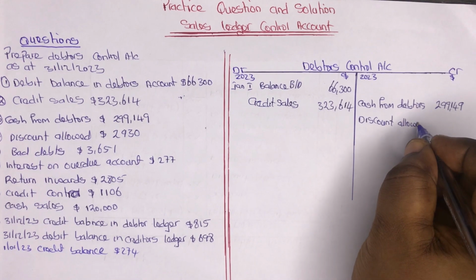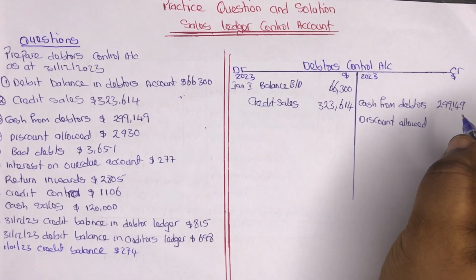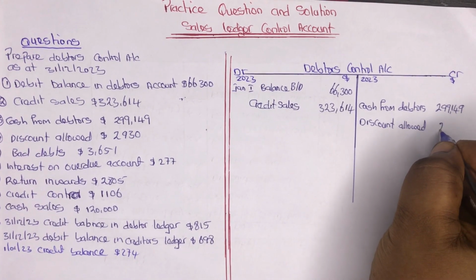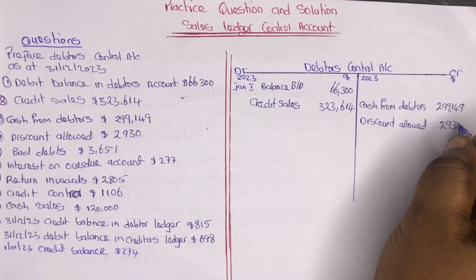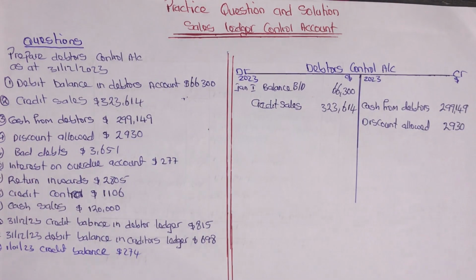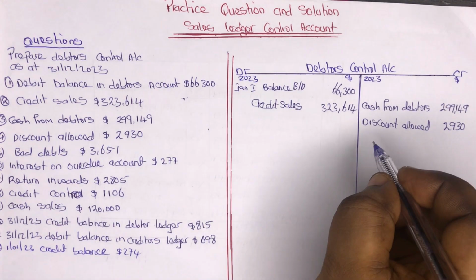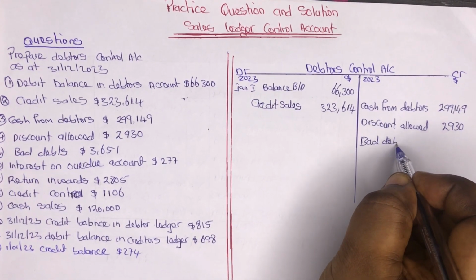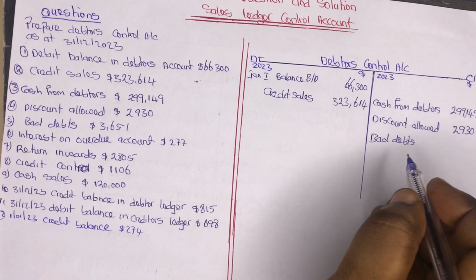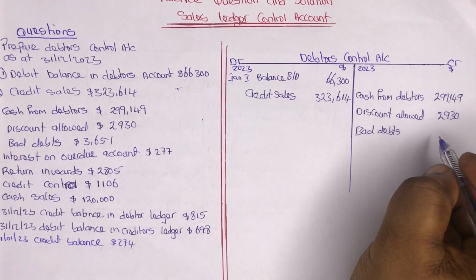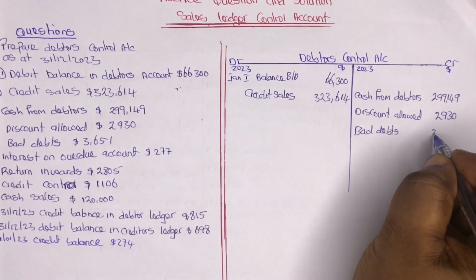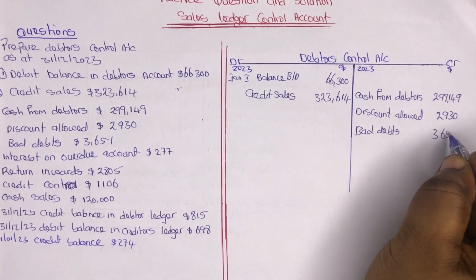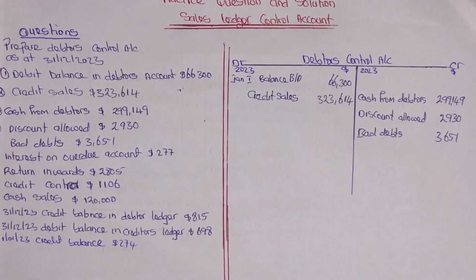Discount allowed, the amount is $2,930. The next one is bad debts. Bad debts, the amount is $3,651.